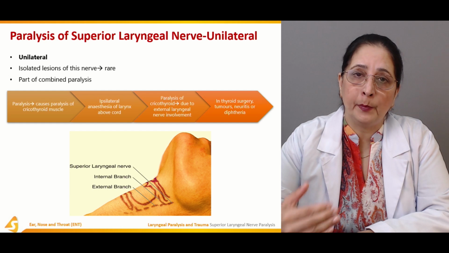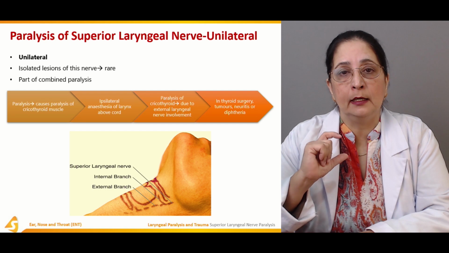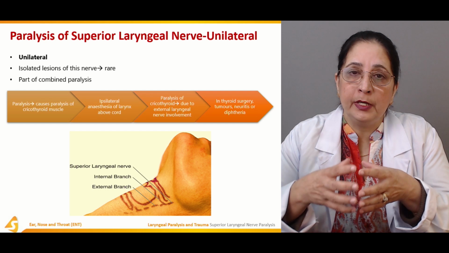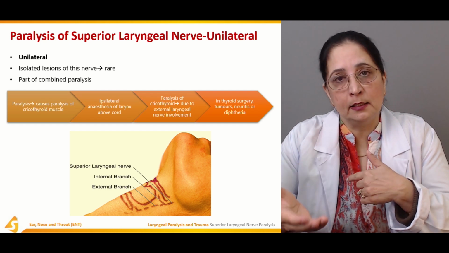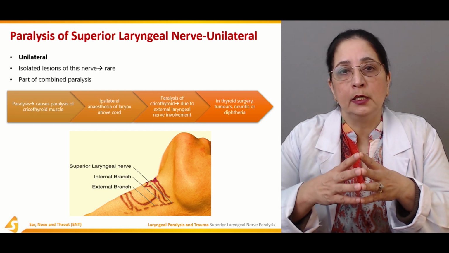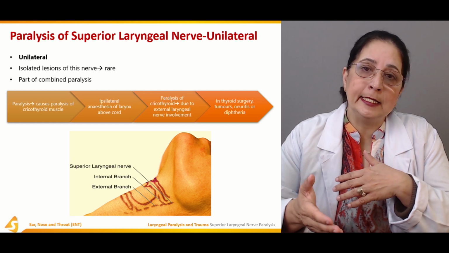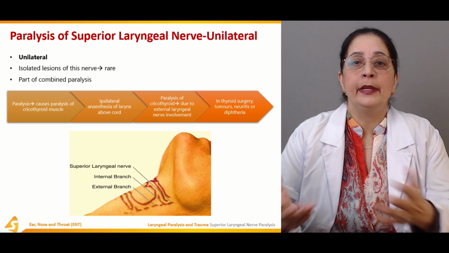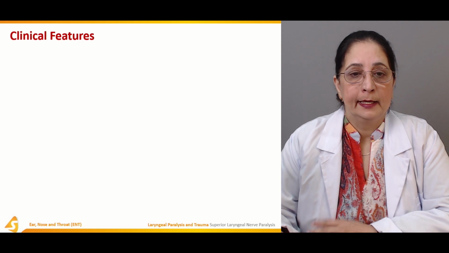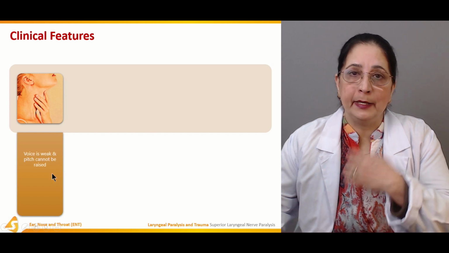Again, not very common, usually part of combined paralysis when both superior and recurrent are involved. The superior laryngeal nerve has an external and an internal branch, and most of the features here are associated with external division paralysis, leading to weakness of the cricothyroid muscle. Clinical features: voice is weak and pitch cannot be raised.